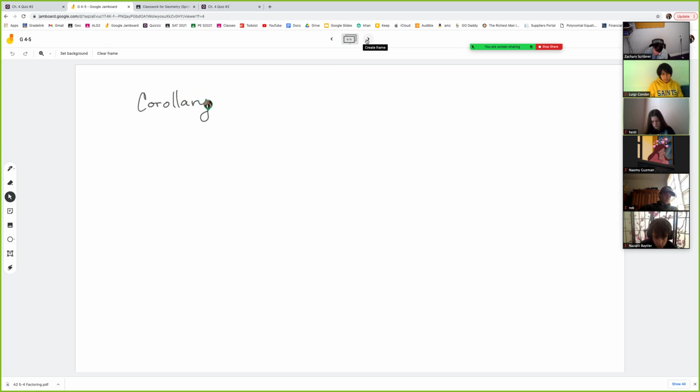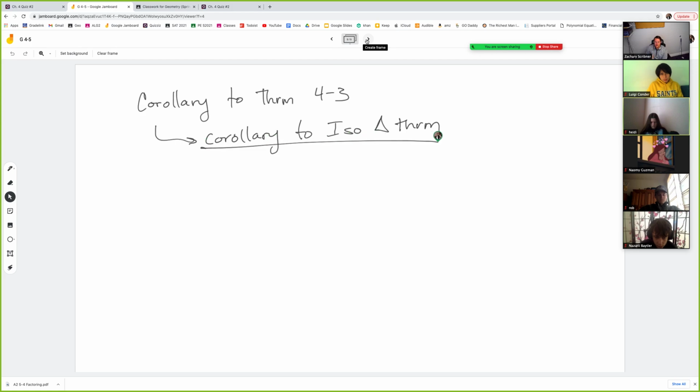So, we have corollary to theorem 4.3, okay? More specifically, corollary to the isosceles triangle theorem. I like that better because it tells us what it's about and you don't have to memorize a bunch of random numbers.